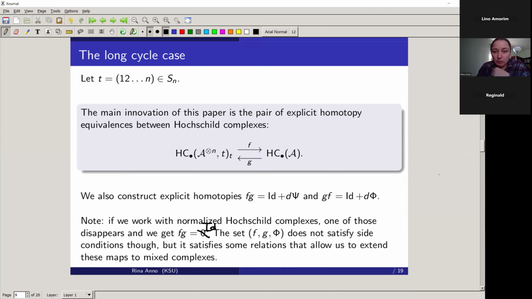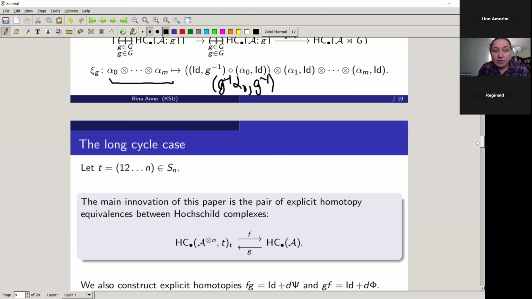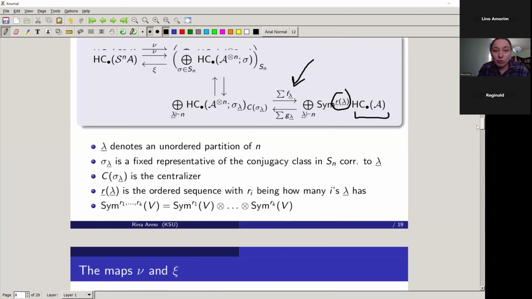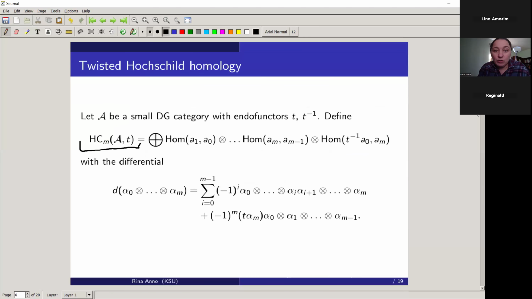And so specifically when T is an endofunctor, there are explicit formulas for the twisted Hochschild homology. So assuming T is an endofunctor, this is what we mean by HC. You're asking why coinvariance?